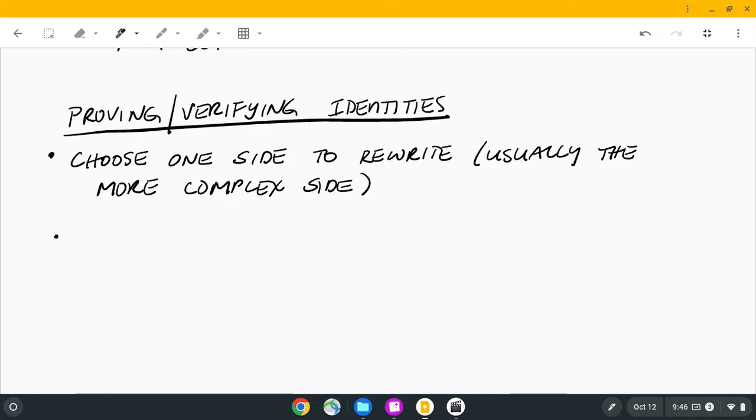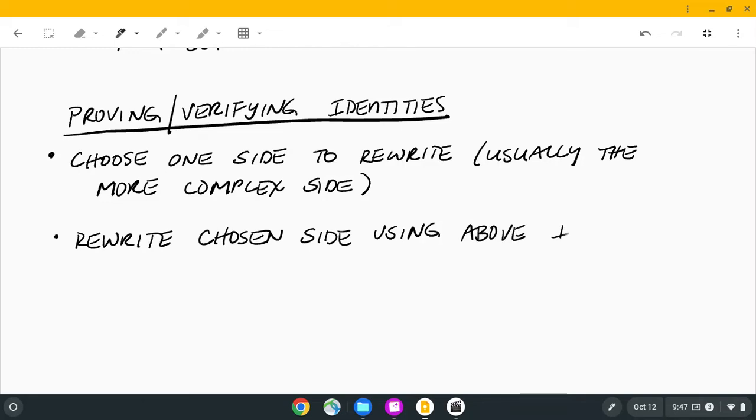Once you choose a side, you're going to go ahead and rewrite the chosen side using the above identities, so all of your basic ones and your Pythagorean.